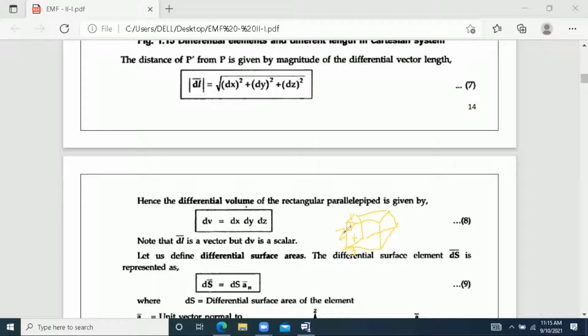But the direction of the surface is coming to you, so it's in the AX direction.